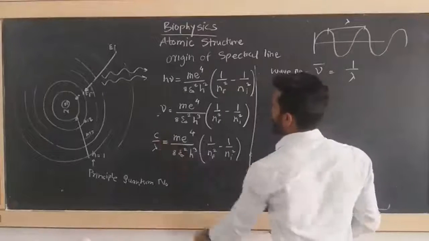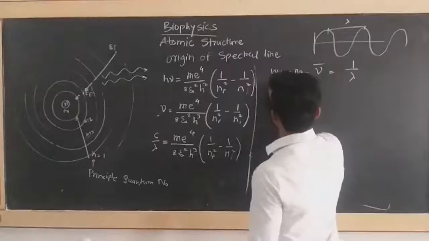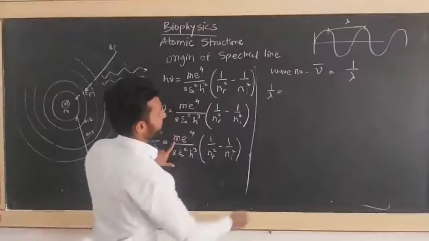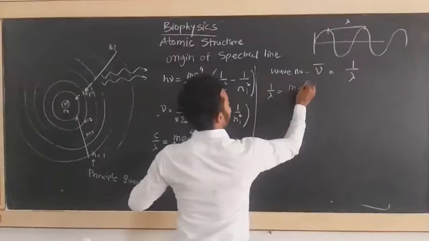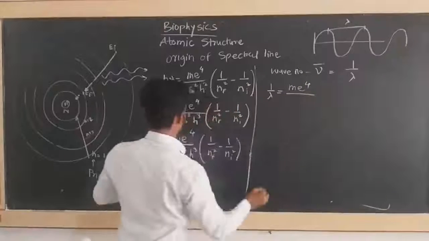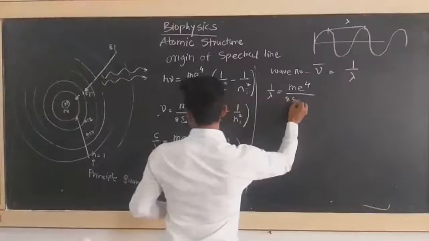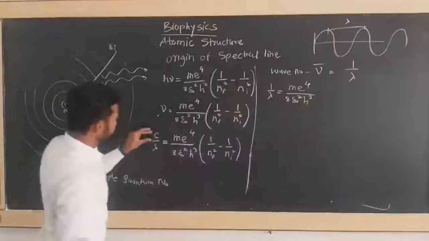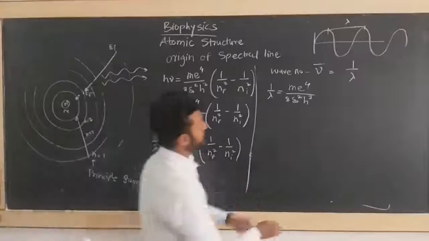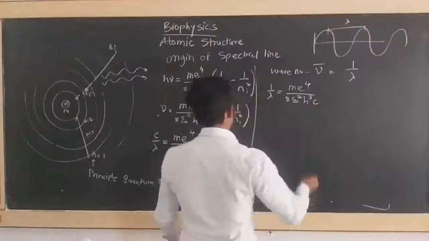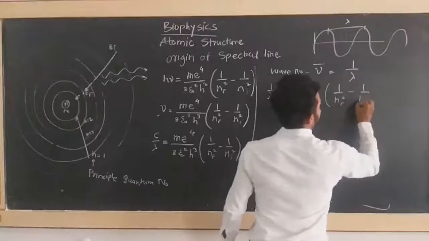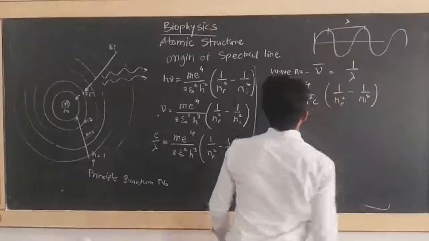So here c by lambda, we will take c here, so the remaining 1 by lambda is equal to m e raised to 4 upon 8 epsilon naught square h cube, and we will take this c in this denominator, so we will write here 1 upon n final square minus 1 upon n initial square.